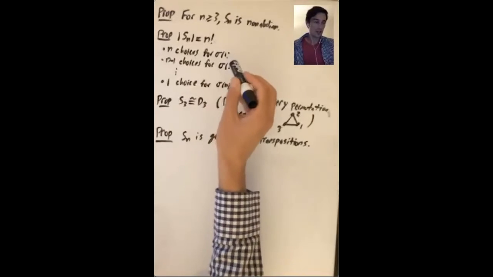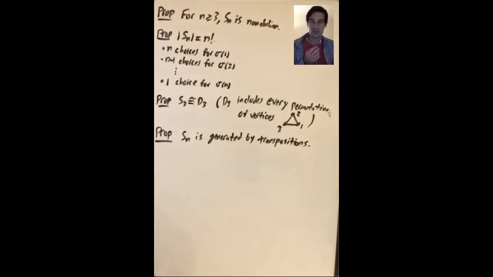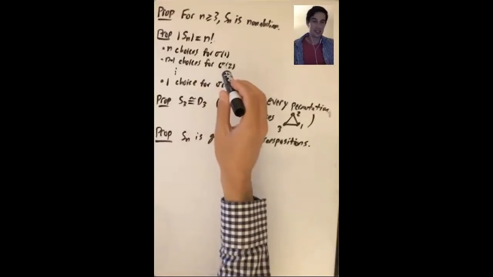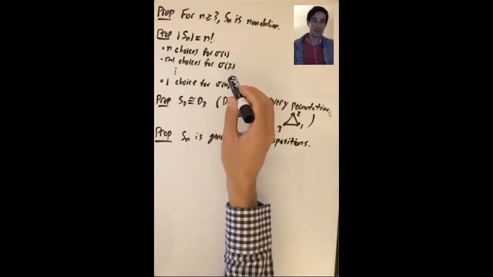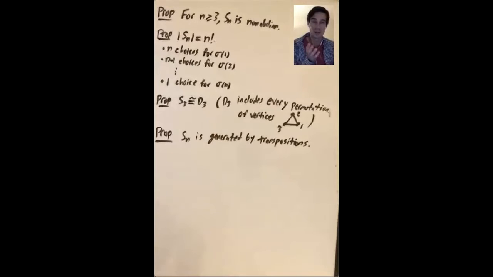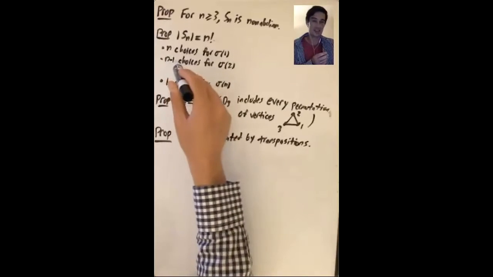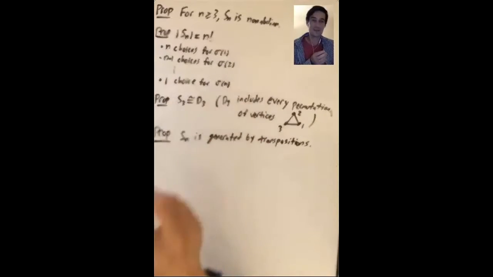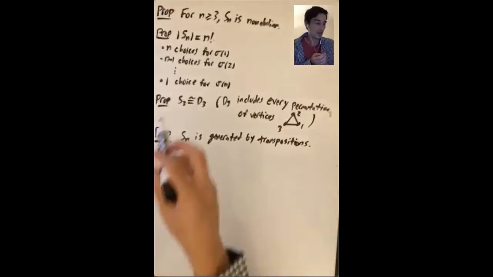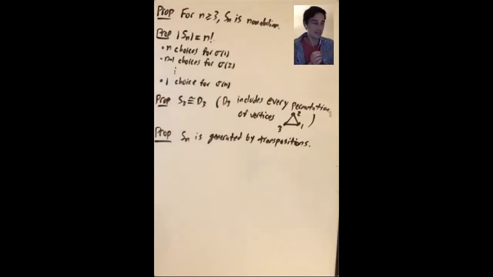And then whatever choice you make, maybe you send 1 to 1, maybe you send 1 to 7, doesn't matter, there's n minus 1 choices left for where to send 2. You already picked some number for where you sent 1, and it's a bijection, so you can't use that number again. So there's n minus 1 choices for your next number, n minus 2 choices for your next number. All these choices are independent, so altogether there are n factorial of these bijections.